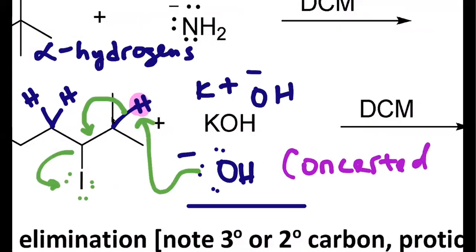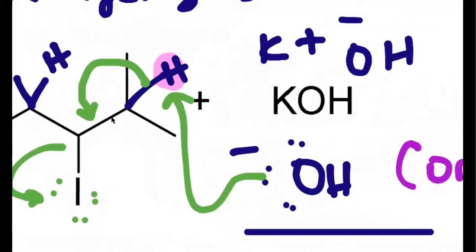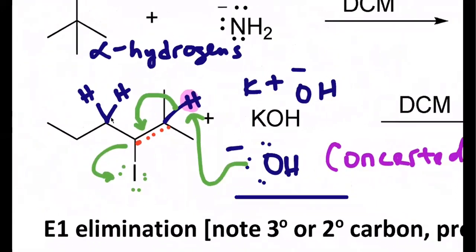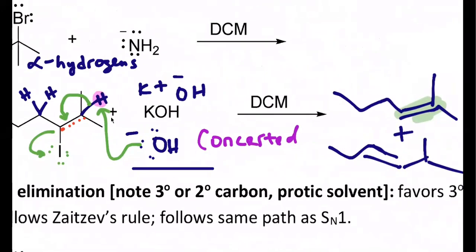That means that everything is simultaneous. All right. And so for this particular side, your double bond is going to end up here. And you can see in the product, that's exactly what we get. We get a double bond at that position.